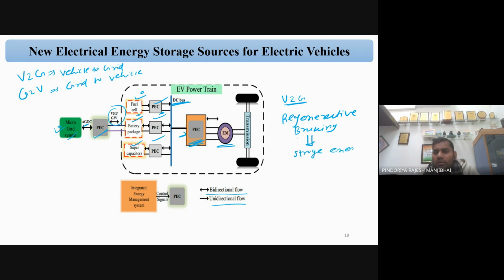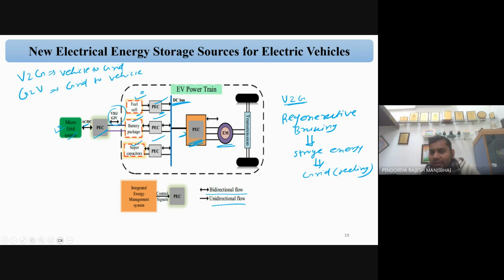So this stored energy we can feed to the grid, and we can say we are selling the energy to the grid, correct? So we can earn money through our electric vehicle. So that is V2G, correct?